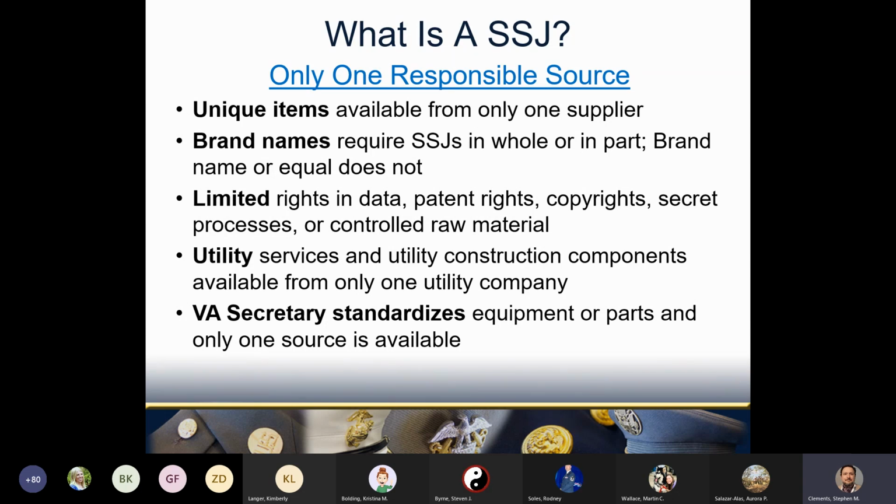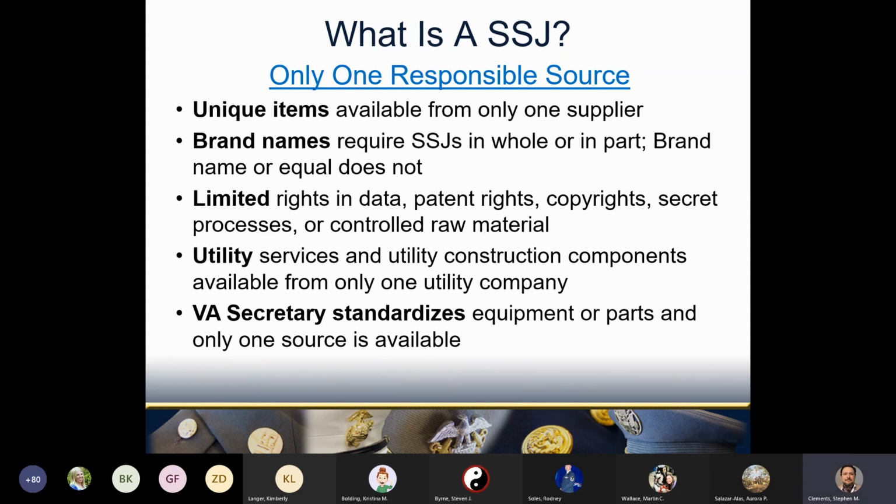The FAR does give us a hand, though, because if we're truly after the capability of the brand name item and not just because we like the way the logo looks, if we write into the solicitation that we will accept the brand name item or an item with equal capability to the brand name item, we don't even need a justification. We can just go right on ahead. Don't have to get this separate approval.